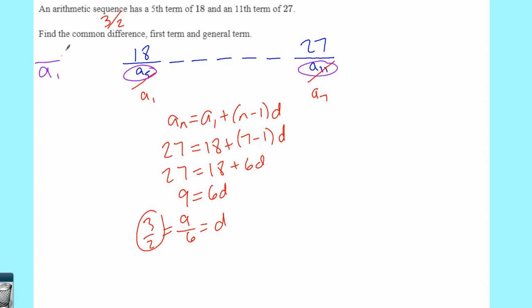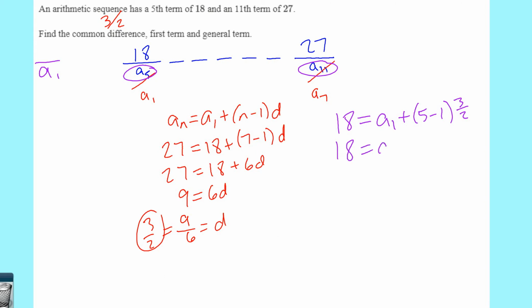Now we have our first term, our 5th term, and 11th term. We just do it again. Our 5th term is 18. We don't know what our first term is. We know that 18 is the 5th number in line, so 5 minus 1. And the difference, we don't know. That was silly. I don't know why I didn't put what the difference is. The difference is 3 over 2.